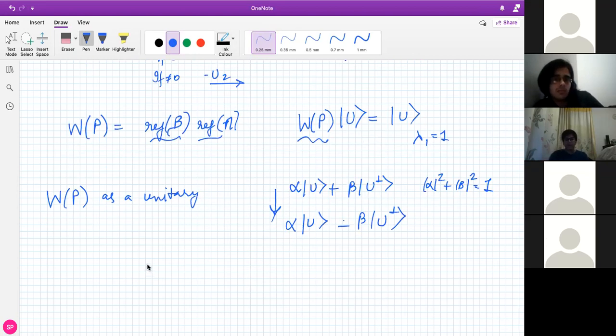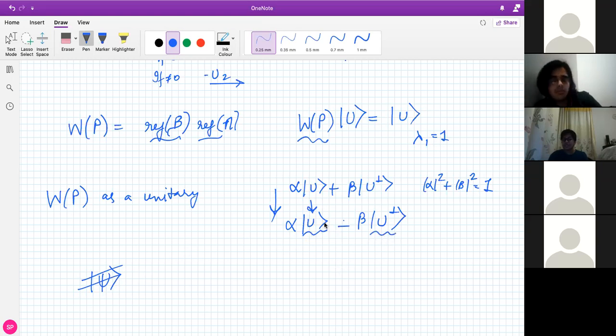Now, what do I know about this? I know that this U is an eigenvector of W_P. So all I need to know now is, whatever psi I get, by linearity, whether right now I'm having this state or I'm having this state.